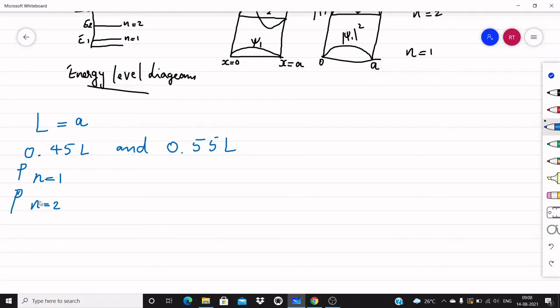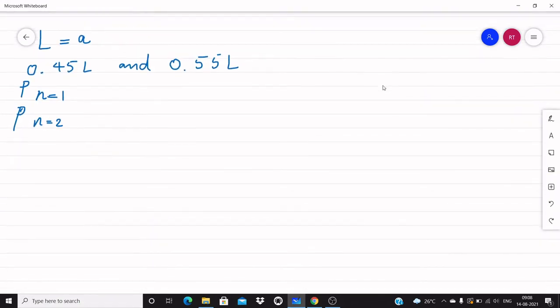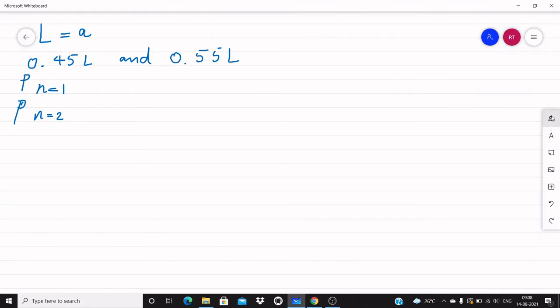So what we have to do? For that we first write the general equation for probability, which is the integral of psi star psi. So we should know the wave function.